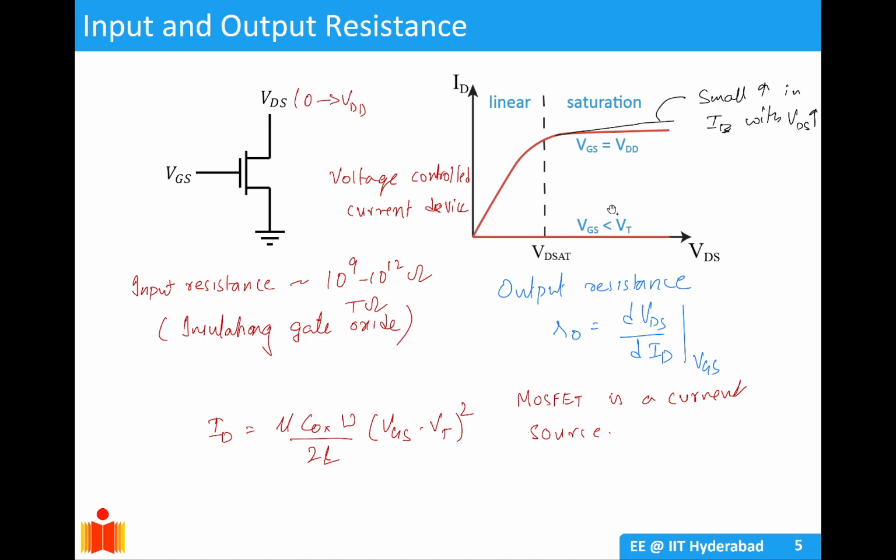Whereas your output resistance is calculated as R naught equals dVDS by dID at a certain VG voltage.